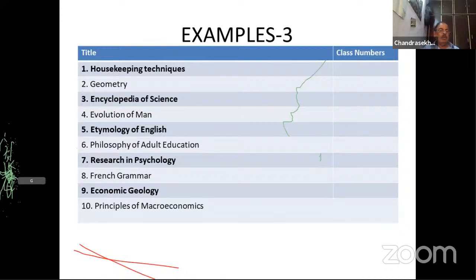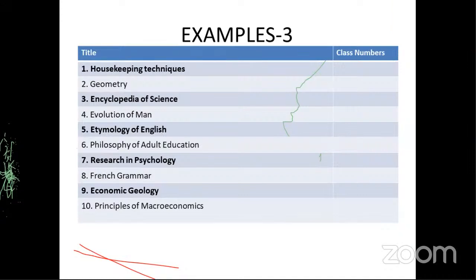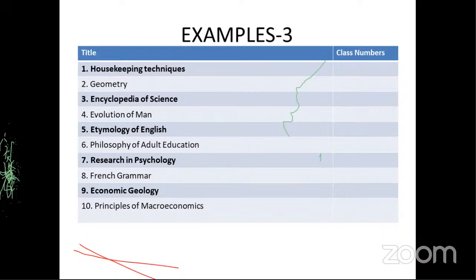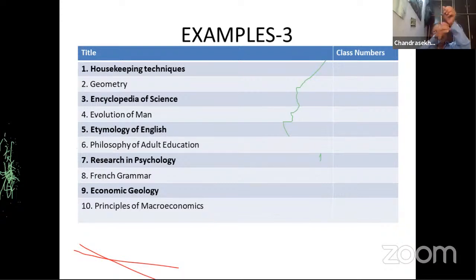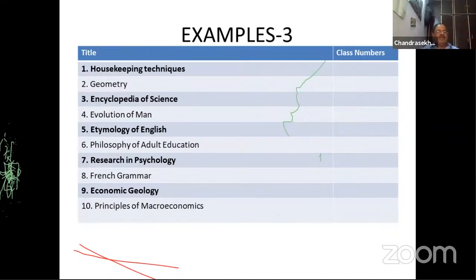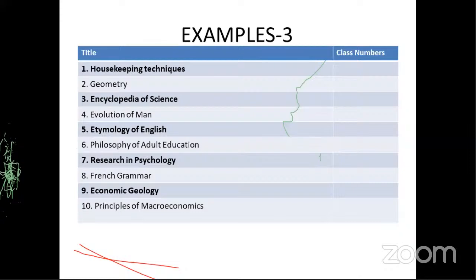Suppose if I say Telugu grammar, how do you build the number? What is the number for Telugu? 494.827. Note all such things down and remember them. 490 is the base, 494.827 is Telugu language.